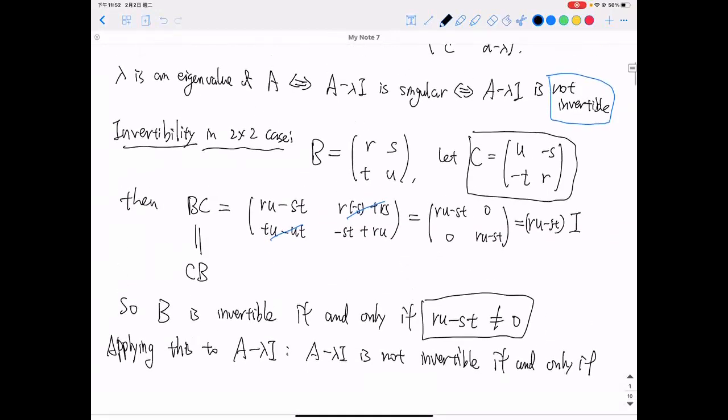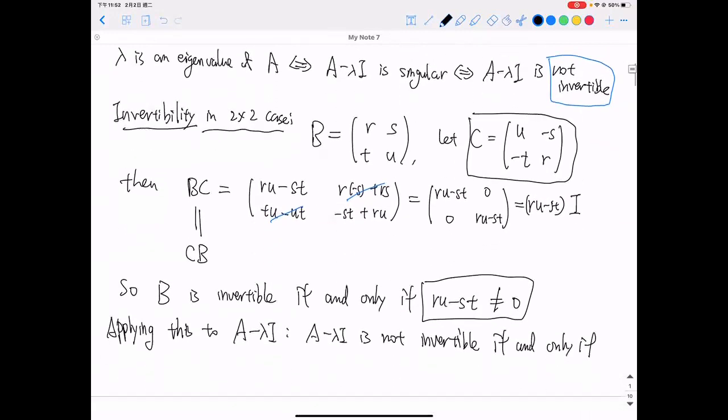So this quantity is (A minus lambda)(D minus lambda) minus BC equal to 0. Okay, so this is an equation that we can use.